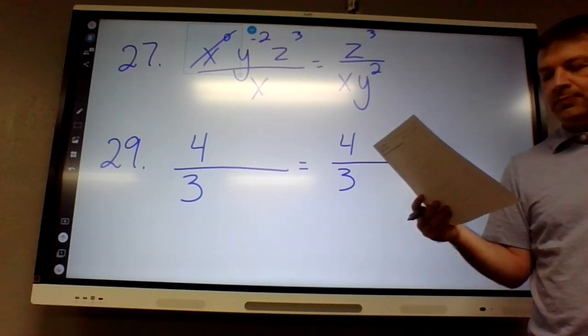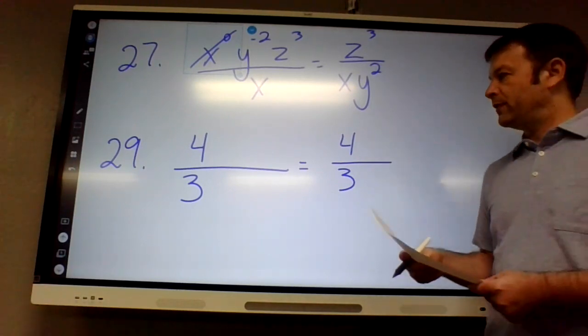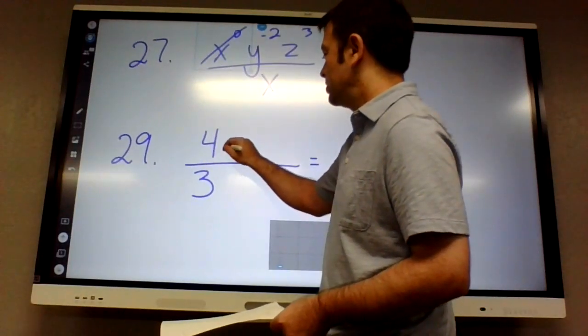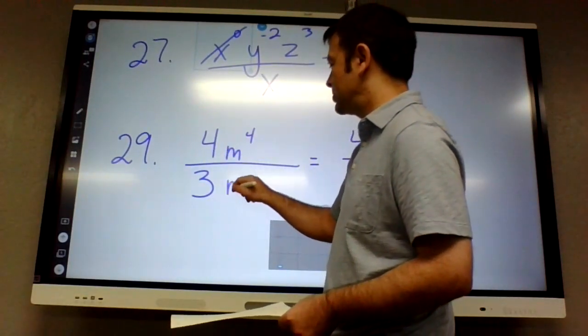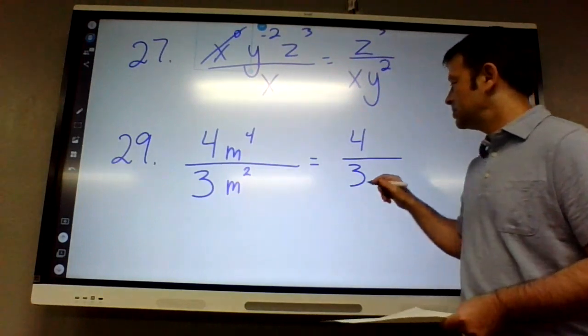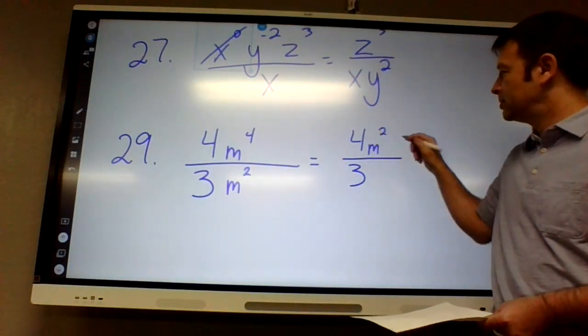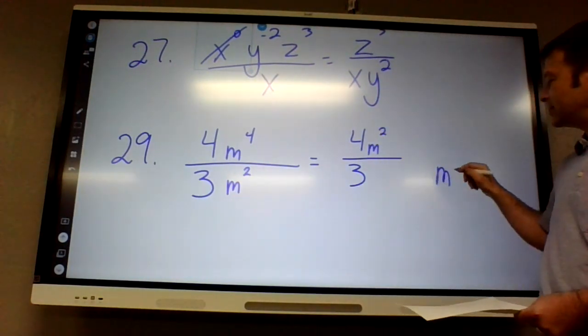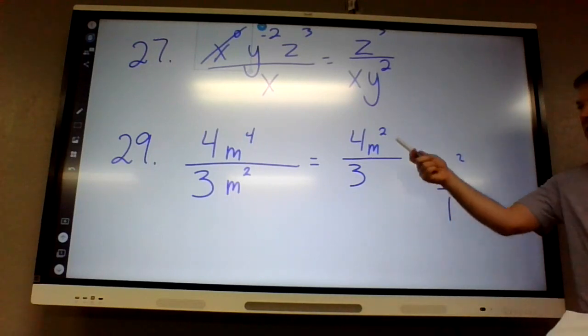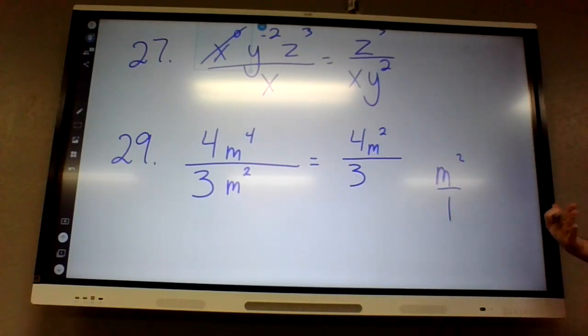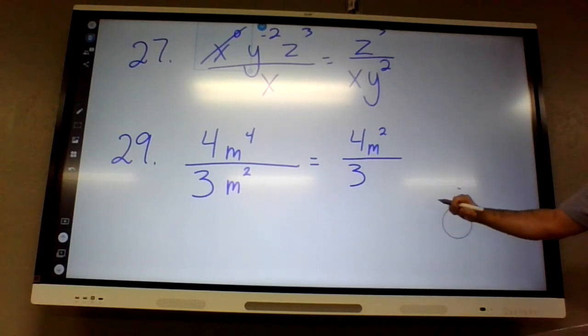Okay, on the m's, I see m to the 4 over m squared. So basically that's 4 minus 2 is 2. So m squared. M to the second is like m to the second over 1, right? So it just automatically goes on top. If it was a negative exponent, I could put it to the bottom.